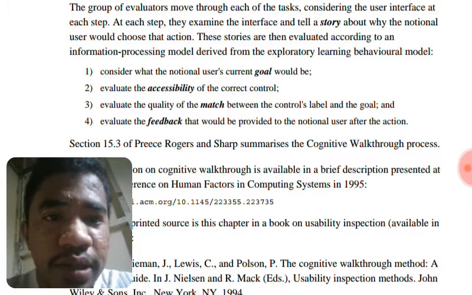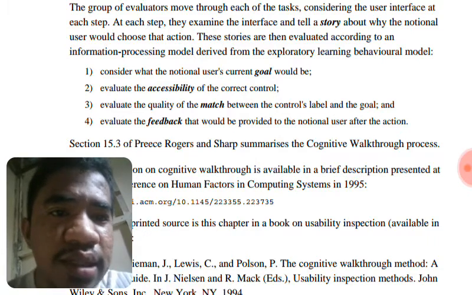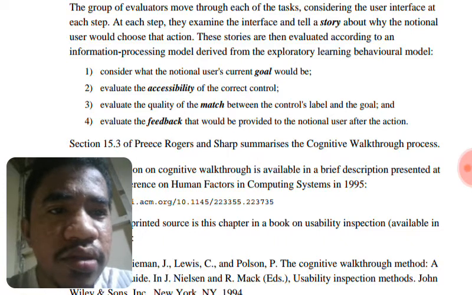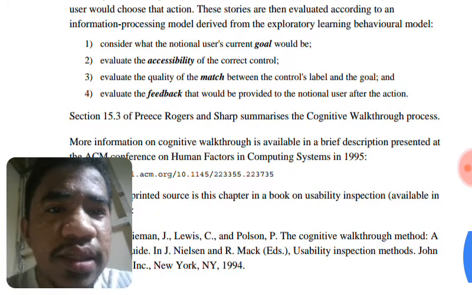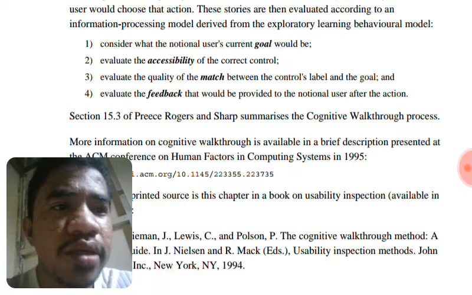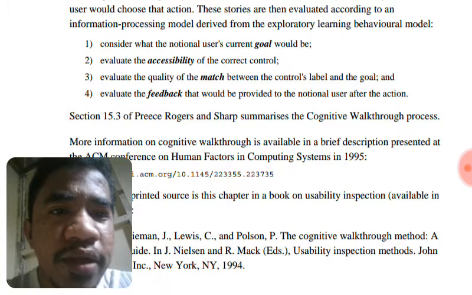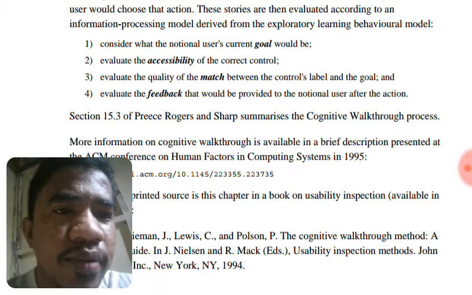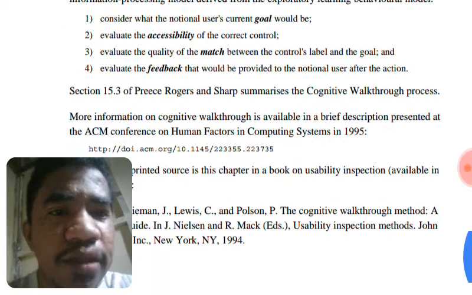Two, evaluate the accessibility of the correct control. Three, evaluate the quality of the match between the control label and the goal. And four, evaluate the feedback that will be provided to the notation user after the action.